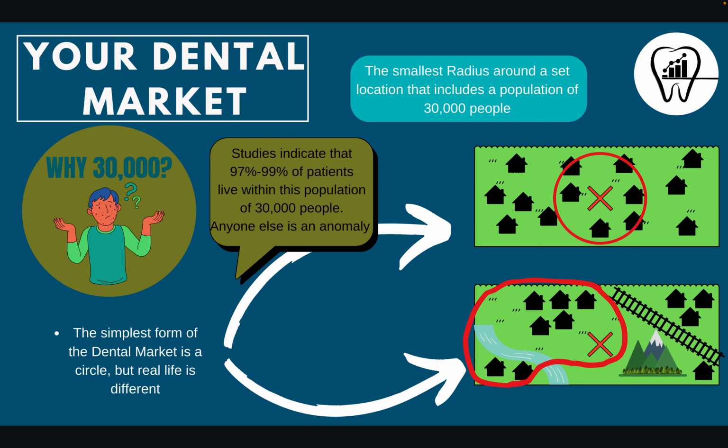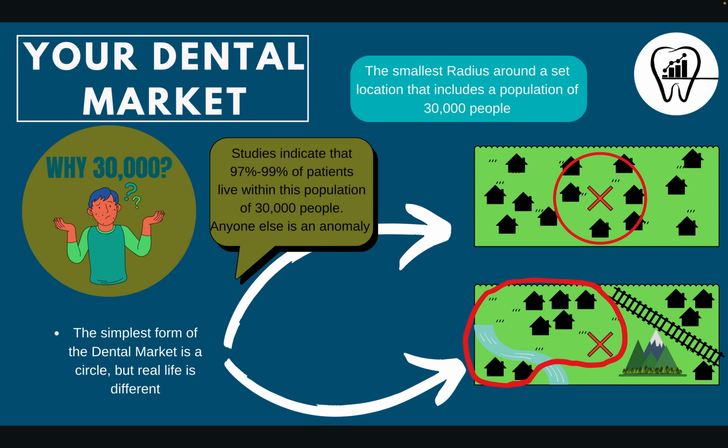So, let me explain it again. You put a dot on the map, and then you start extending out from that dot in a circle. You measure that radius, right? Once that radius gets big enough that it starts to include 30,000 people around you, that's when you stop, and that's what you call your dental market.